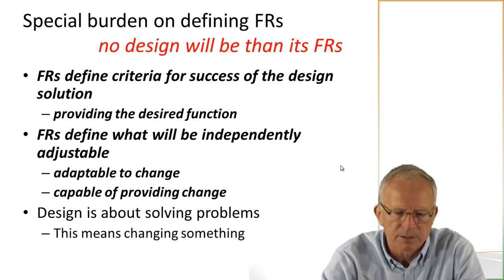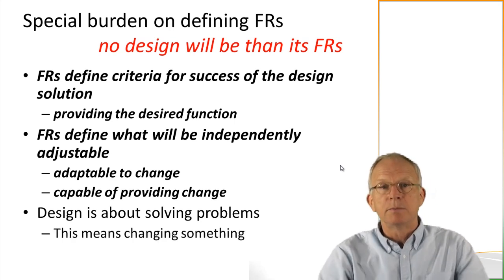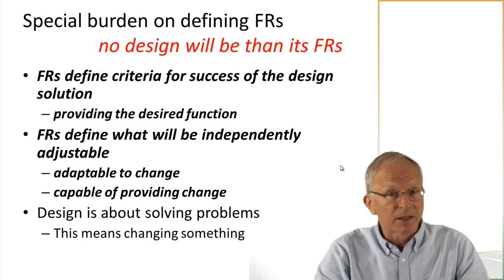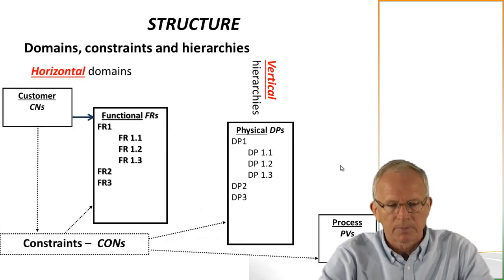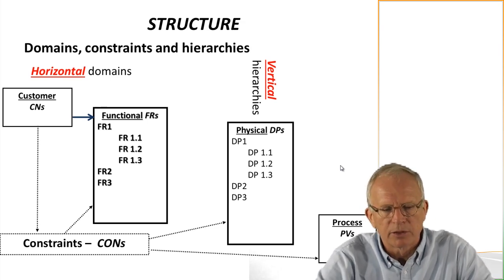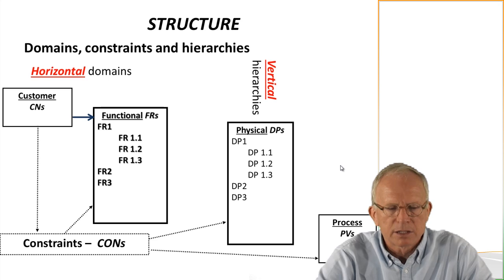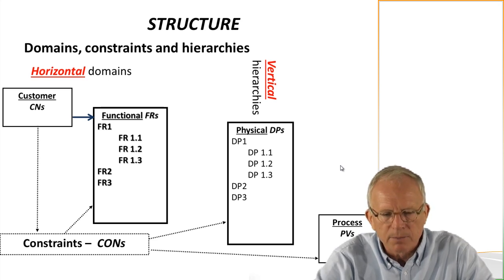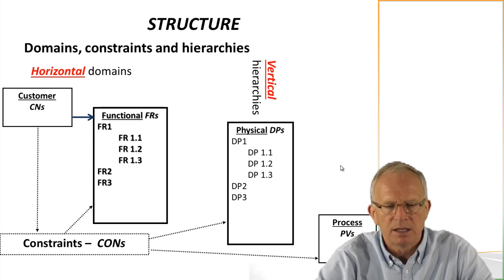So design is about solving problems, and this means changing something. If nothing had to change, there was no problem. So here's another representation of the domains: customer, functional, physical, and process. And inside the domains, we're showing a little bit more about the vertical hierarchies in the decomposition from general to specific.